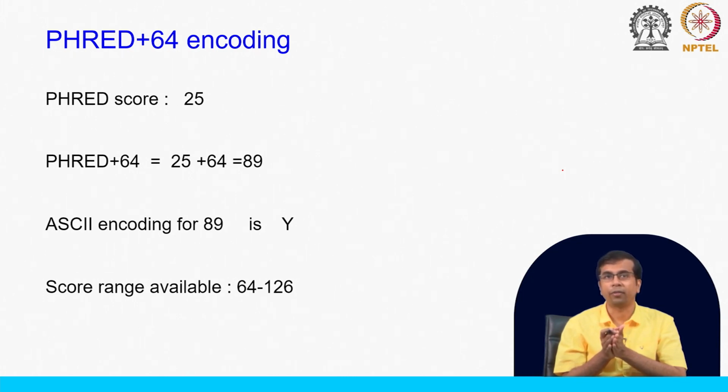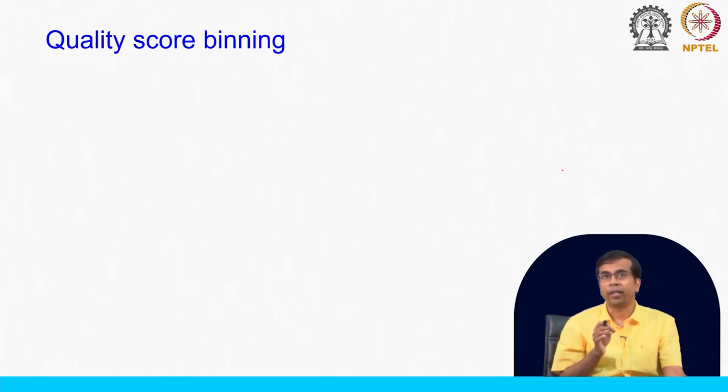So, which will come out to 89, right, and then the ASCII encoding for 89 would be capital Y, okay, and the score range that was available in Phred plus 64 was 64 to 126, right. So, if you have quality score 0, your Phred plus 64 value would be 64, right. So, that was the lowest value that was available. Okay. So, now we understand how this encoding works, and we can figure out what the actual Q value is if we know the encoding.